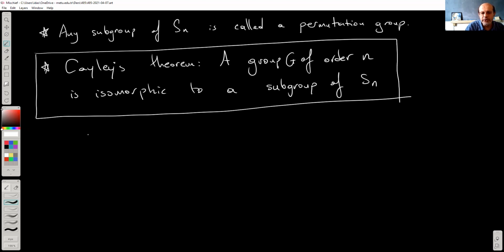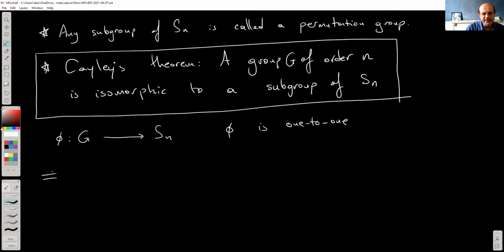So whatever the group is, I don't care what it is, but it has to be a finite group, because the number of elements in the group is going to be important. In that case, we will be talking about the permutations of n objects. So somehow it tells you that there's some kind of a homomorphism from the group to that Sn such that phi is 1-to-1.